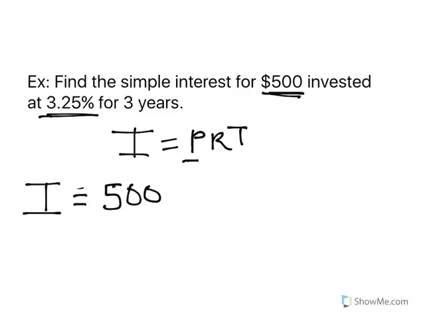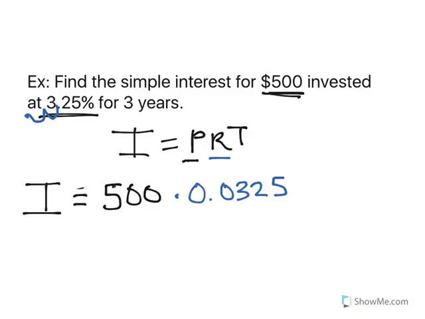And I'm going to actually write this percent as a decimal. So I have to move the decimal 2 spots over. So I'm going to multiply that by 0.0325. And I'm writing my percent as a decimal to make it easy to multiply at the end. And so that's my rate.